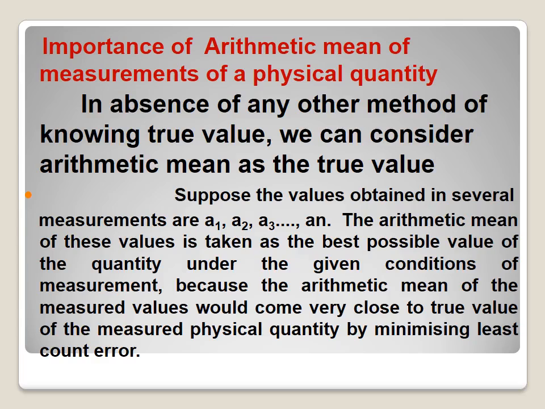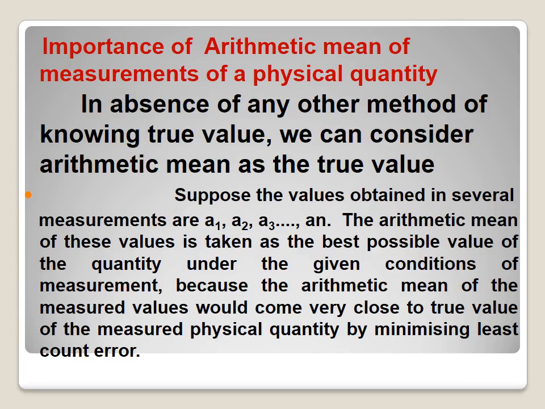What is important in measurement of a physical quantity? Its significance is that in absence of any other method of knowing true value of a physical quantity, we can consider arithmetic mean as the true value.